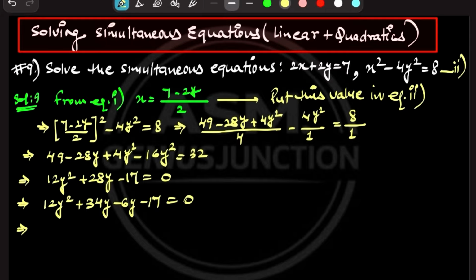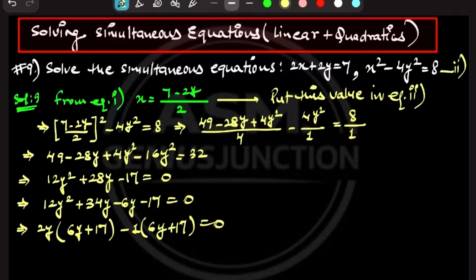Let's take out 2y common from the first two terms, so I'm going to get 2y(6y plus 17) minus 1 common from the second two terms, giving minus 1(6y plus 17) equals 0. This gives us the final answers: y equals 1 over 2 or y equals minus 17 over 6.